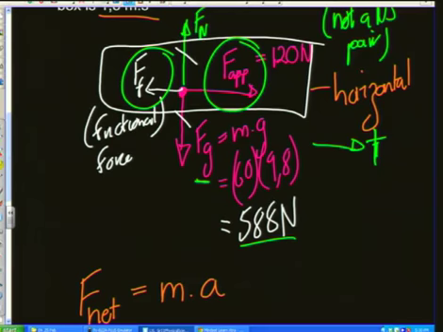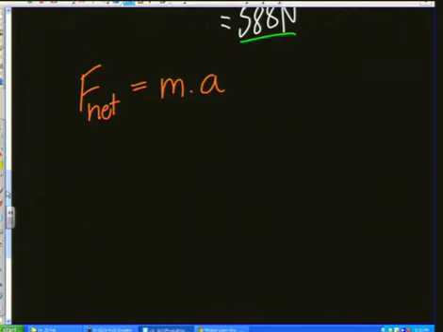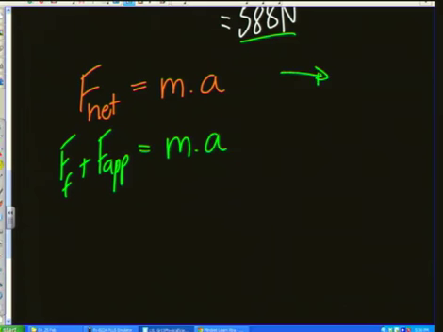And I'm going to say, let me find out what the horizontal forces are. They are the force of friction plus the force applied. And I'm going to say that's equal to the mass times the acceleration. But remember that to the right is positive. So if we look at this, what we're going to recognize is that from Newton's second law, the acceleration is in the direction of the net force.